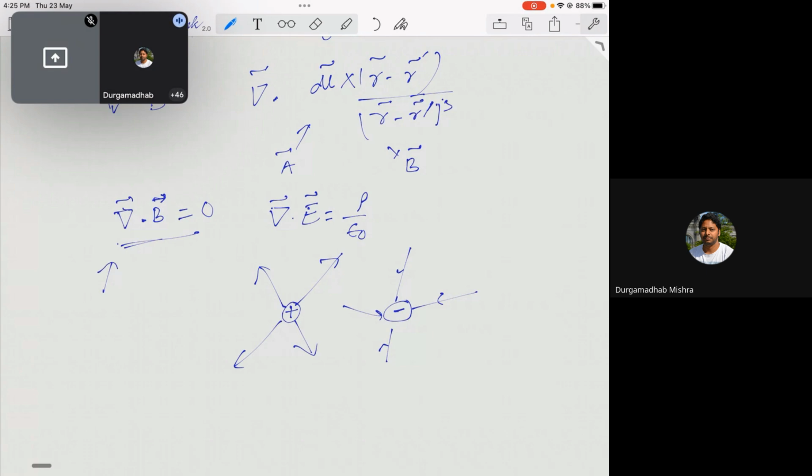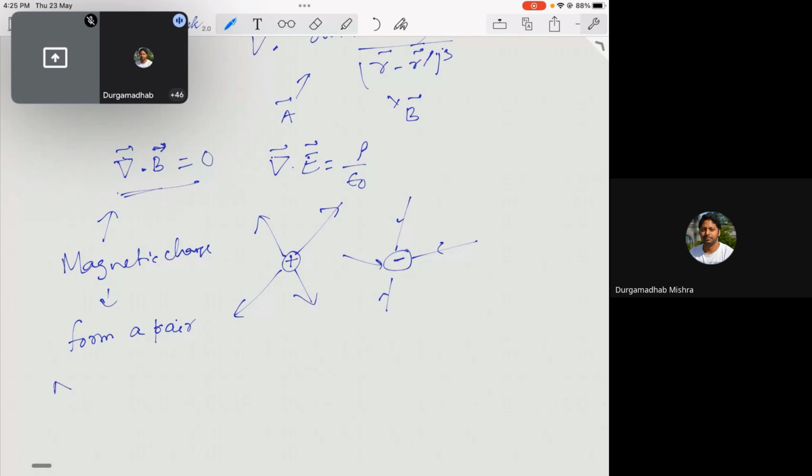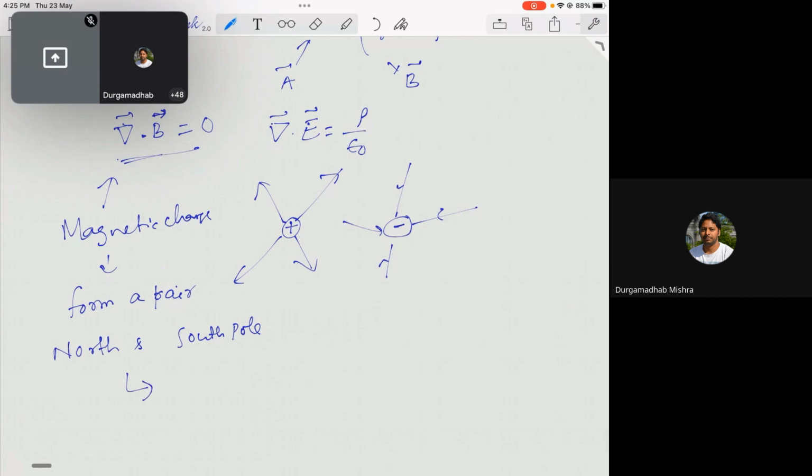Even if I have a magnetic charge equivalent to an electric charge, they will always form a pair, which is what you call a north and south pole, and which also means that a magnetic monopole cannot exist.